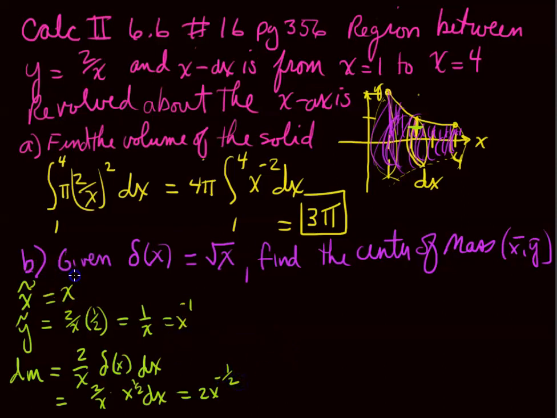So we need this part, and this part, and this part, because x bar is the integral of x tilde dm over dm. I'm going to write it here from 1 to 4. X tilde is x.